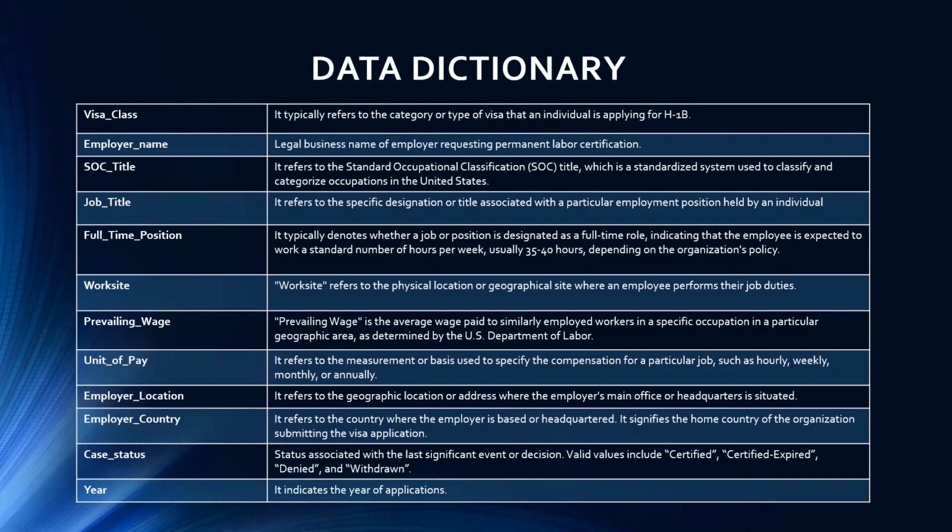It has four values: certified, expired, denied, and withdrawn. These four are the values for the case status. The year indicates the year of application.